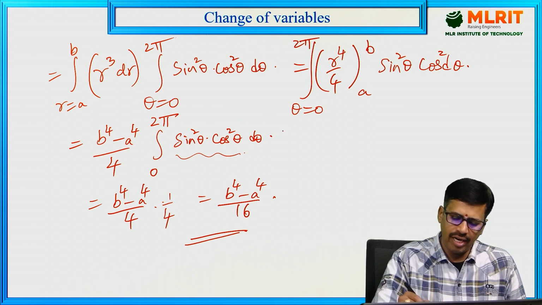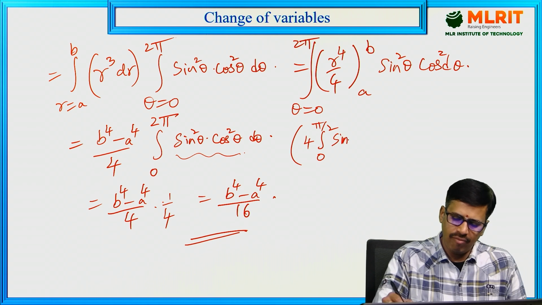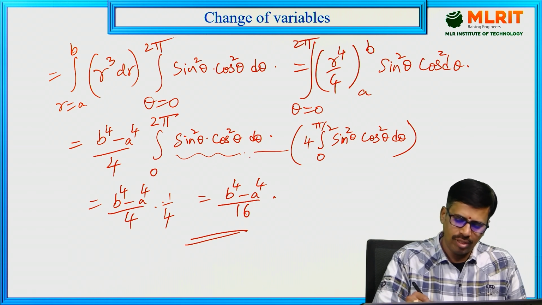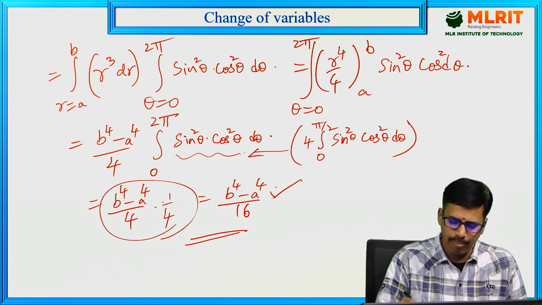This we can write as 4 times integral 0 to pi by 2 sin power 2 theta cos power 2 theta d theta, right? So this value, substitute this integral, so we get b power 4 minus a power 4 by 16.